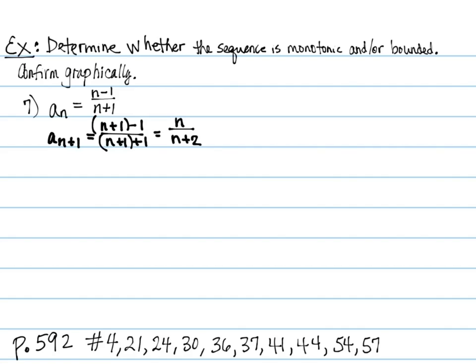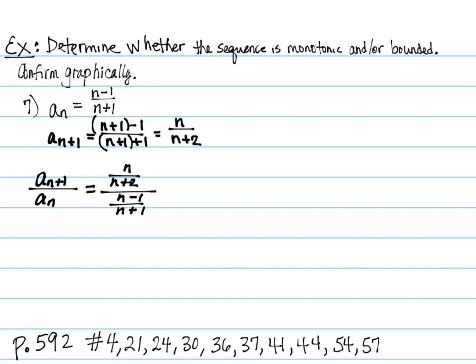We're going to write down a sub n plus 1, our new term, over a sub n. So the a sub n plus 1 was n over n plus 2, and the a sub n that we started with was n minus 1 over n plus 1. Complex fractions, it's algebra, right?